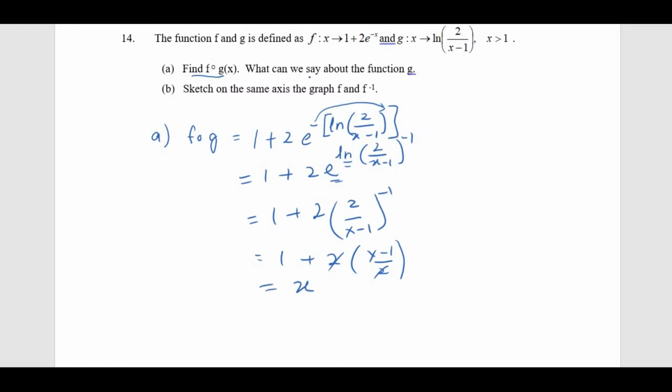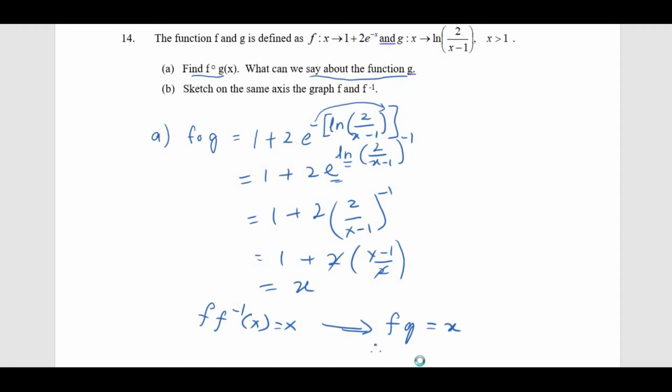So what can we say about the function g? We know the property that f of f inverse of x should be equal to x. When we compare to this, we have fg equal to x.